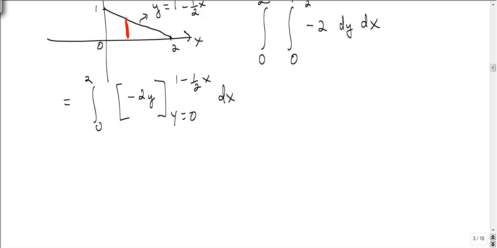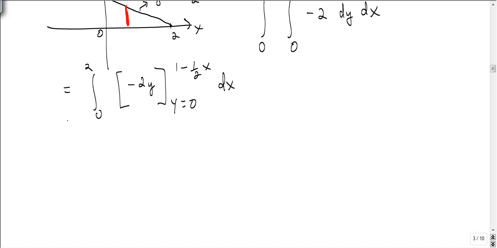Okay, 0 to 2. Put in 1 minus a half 2x. What do we have here? Minus 2 plus x, is that right? dx.